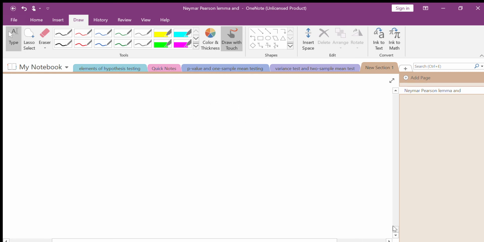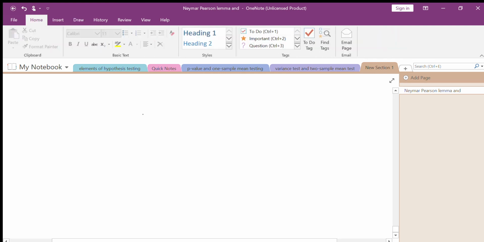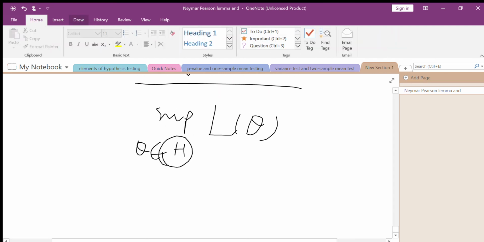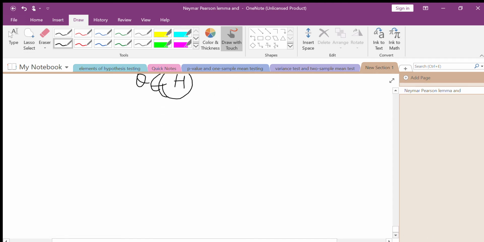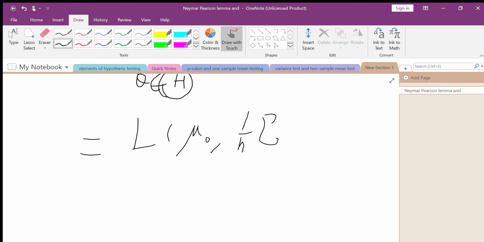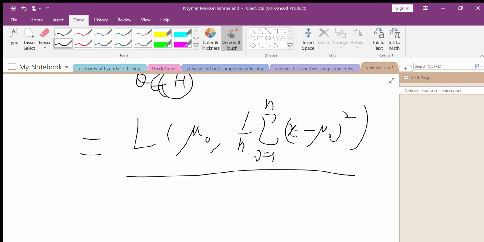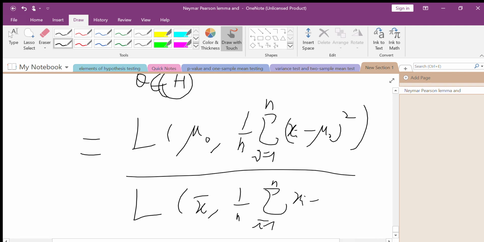Then we plug in the results for the numerator and denominator, which is L(mu_0, 1 over n sum of (x_i minus mu_0) squared) divided by L(x bar, 1 over n sum of (x_i minus x bar) squared).